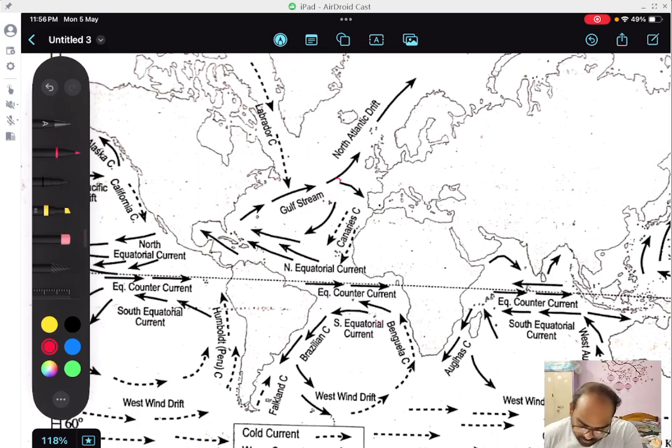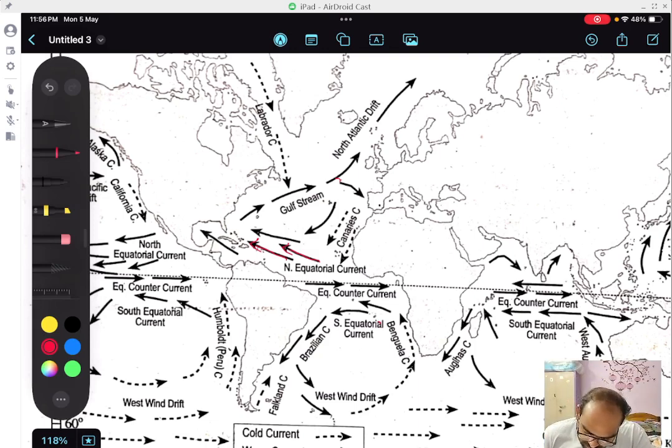See, above the equator, we have the north. There is generation of the north equatorial current. I will draw warm ocean currents with red ink and cold ocean currents with blue ink, so that you draw accordingly with me.